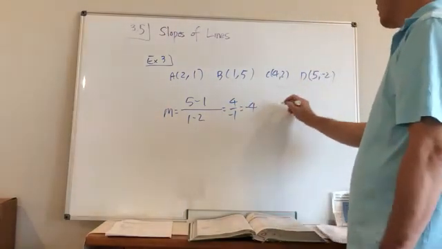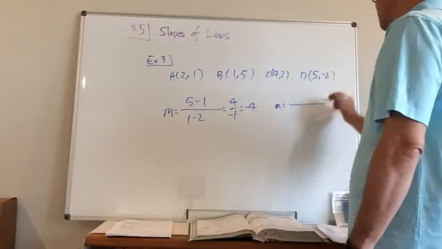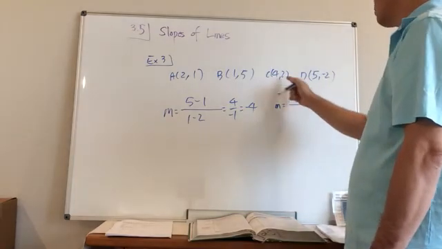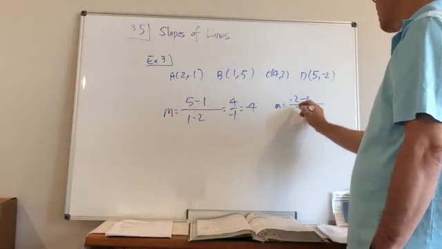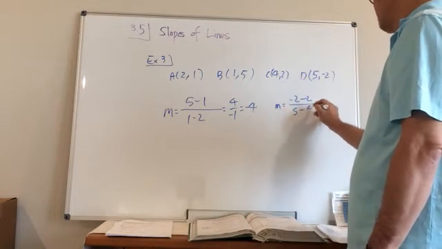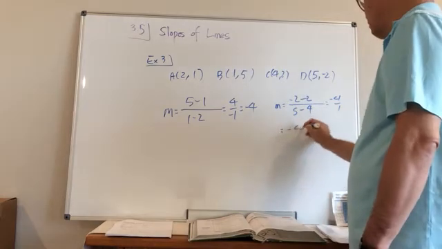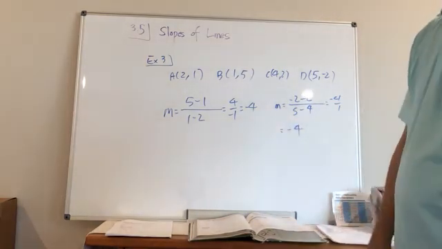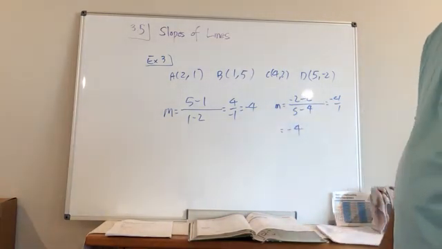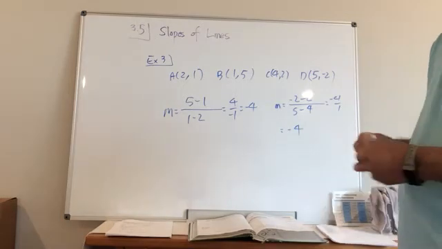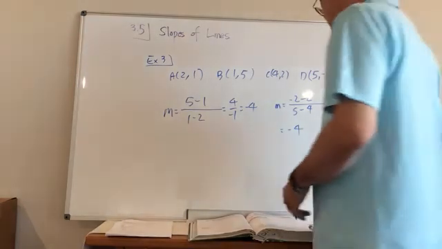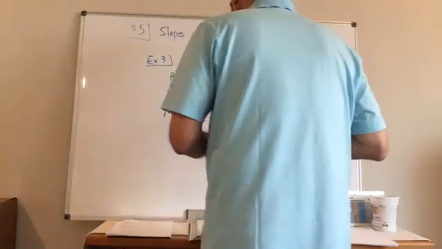Over here, the slope is -2 - 2 over 5 - 4, -4/1, which is equal to -4. So the slopes are the same, which means that these two lines are going to be parallel. Okay. That's that.